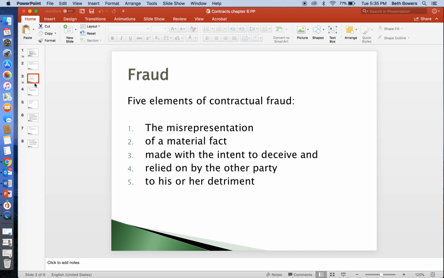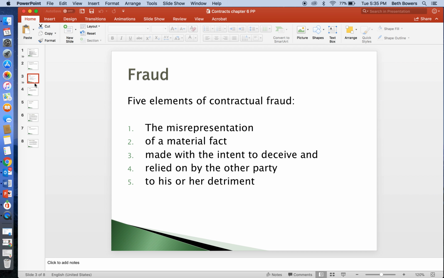Now, to move on to fraud, there are 5 critical elements when we're talking about contractual fraud. There has to have been a misrepresentation of a material fact made with the intent to deceive and relied upon by the other party to his or her detriment. All 5 elements have to be present to establish contractual fraud.